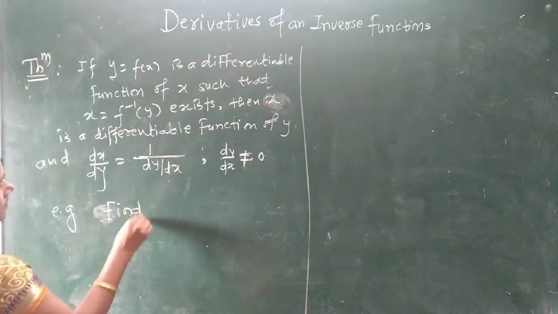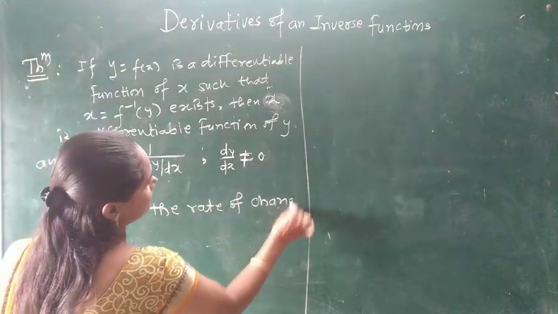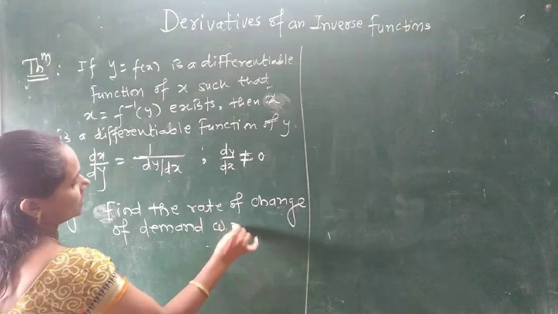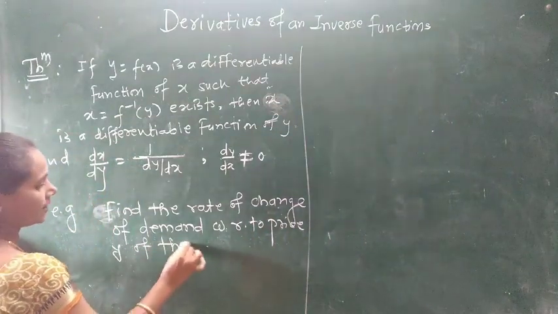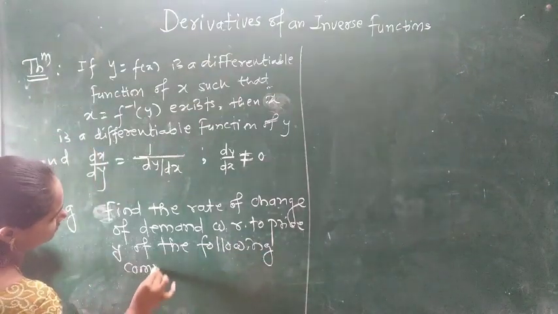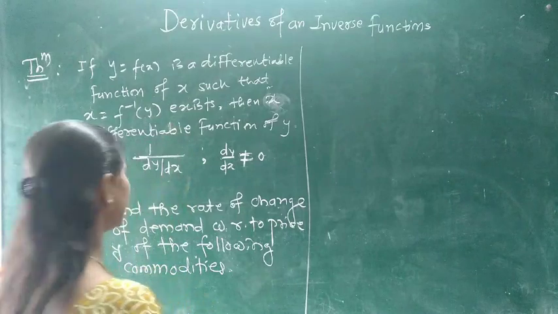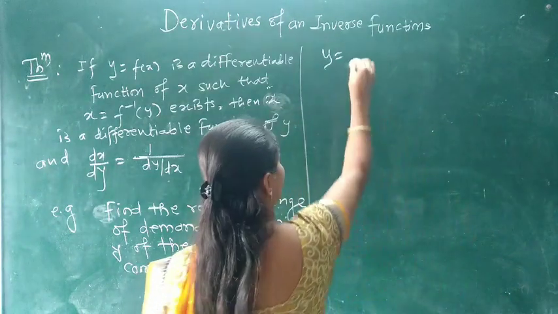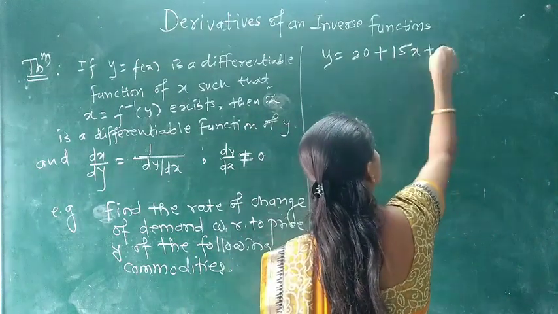Find the rate of change of demand x with respect to price y of the following commodities, that is, y is equal to 20 plus 15x plus x square.